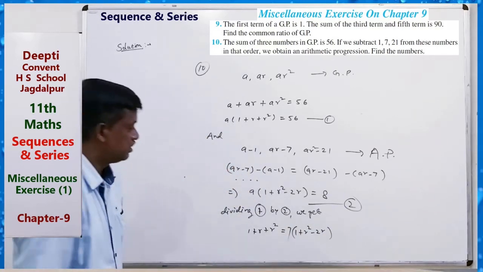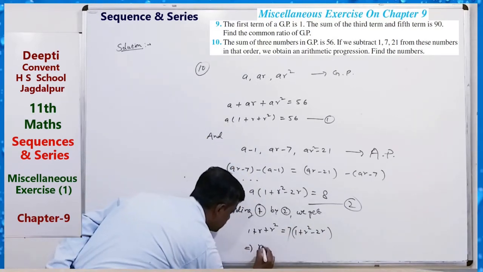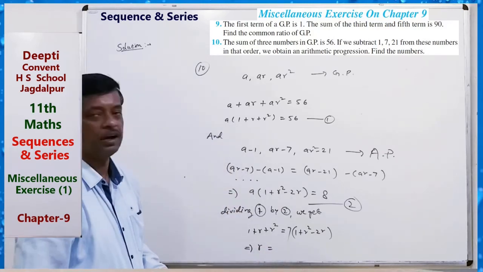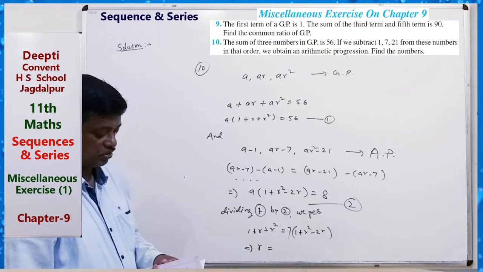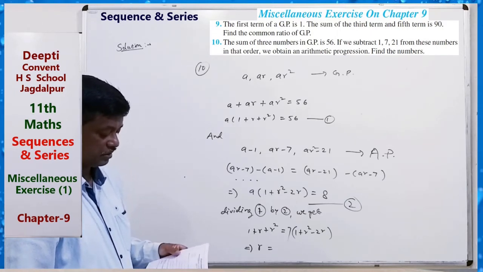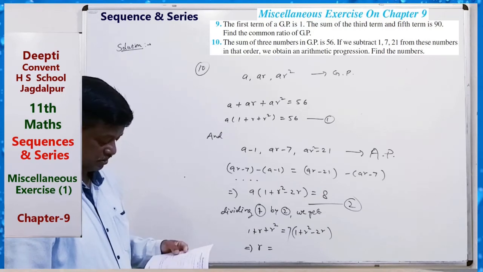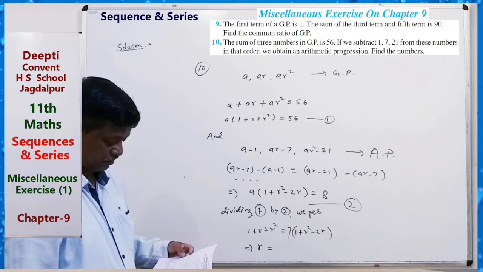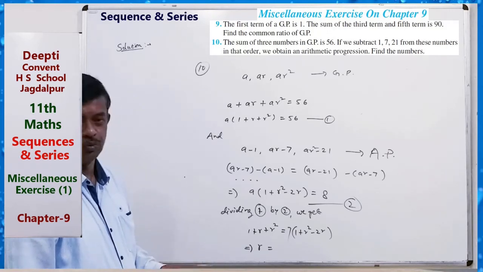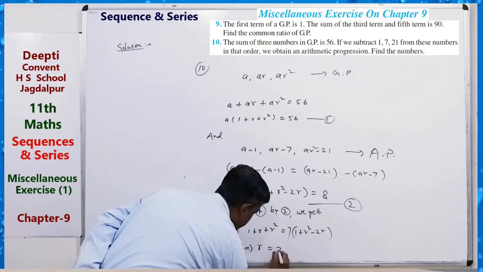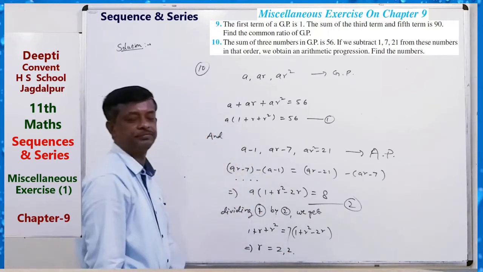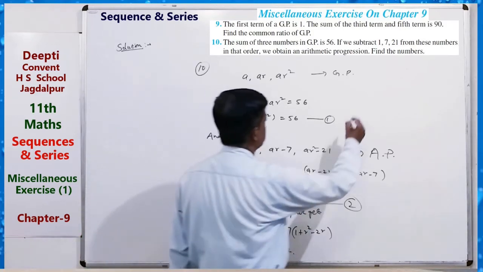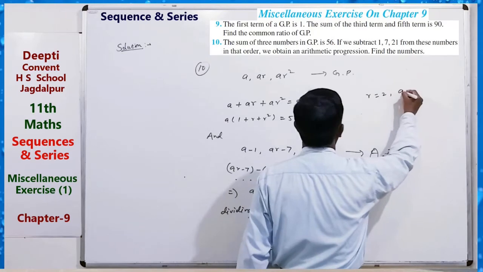After solving, we can get two values of R, because it is a quadratic equation in R. So R equals 2, and another value is 1 by 2.